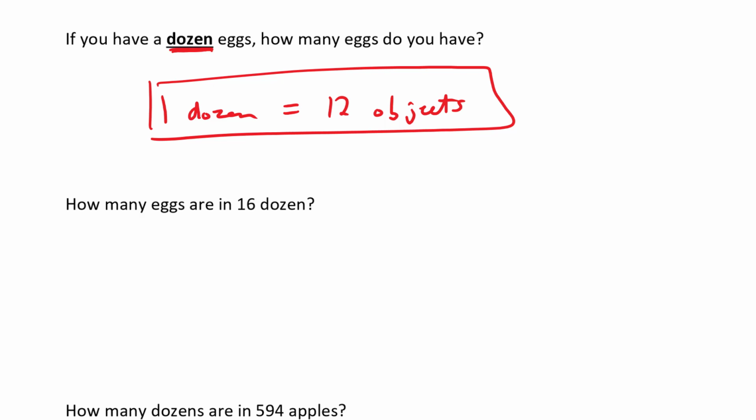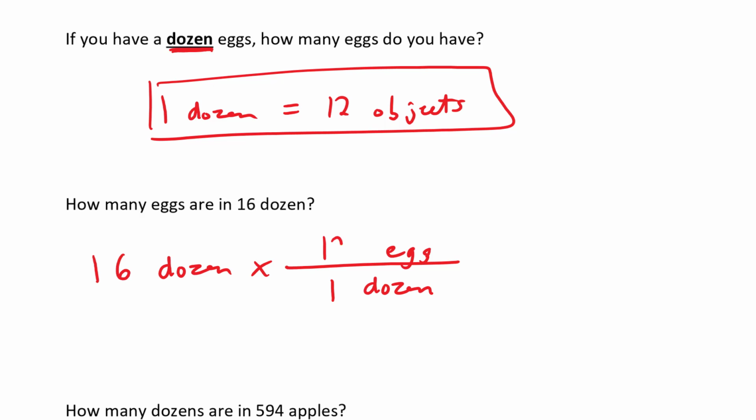Let me show you. How many eggs are in 16 dozen? Write down what I'm given. 16 dozen. I want to convert between dozen and eggs. Well, 1 dozen is 12 objects. An egg is an object. Dozens cancel out. 16 times 12 is 192 eggs.